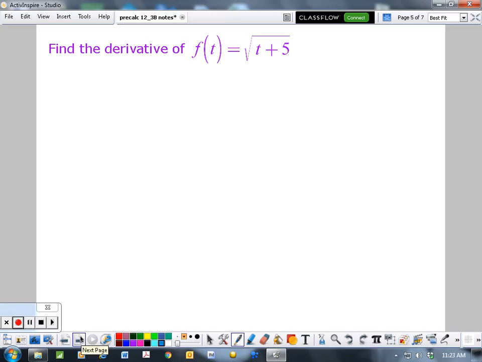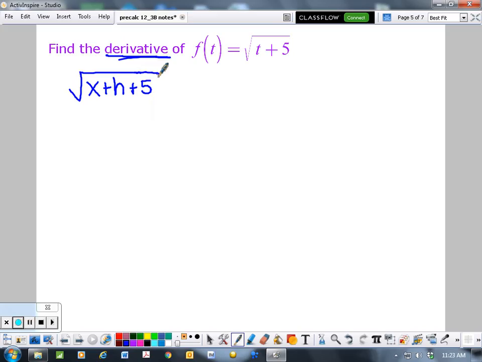So again, this is really reviewing what we've talked about and reminding you of all these different techniques we've already talked about. So kind of pulling all this stuff together using just really different notation on the question. Find the derivative of f at t if f of t is the square root of t plus 5. So again, plug in x plus h plus 5.